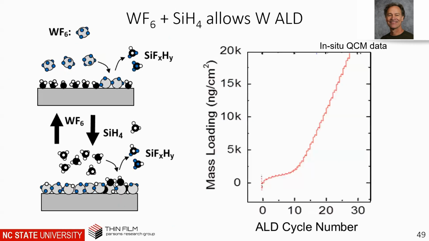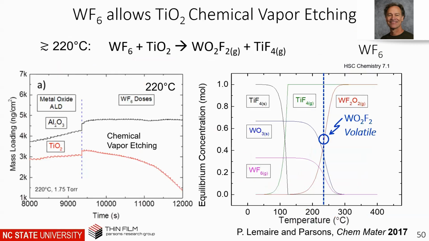Okay, so here is WF6 and silane. It allows for tungsten deposition. So here is the mass loading deposition on a surface, and we use WF6 and silane.